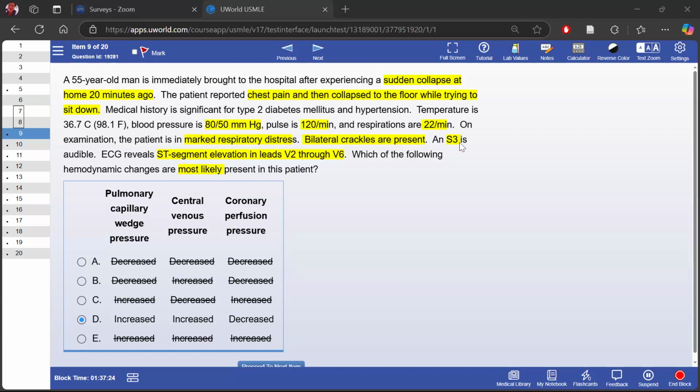Okay. Coronary perfusion pressure. So perfusion pressure is the pressure that pushes blood to organs, right? And what will be the pressure that will push blood to organ? It is usually the pressure in the aorta, aortic pressure, minus the pressure in the organ, right?